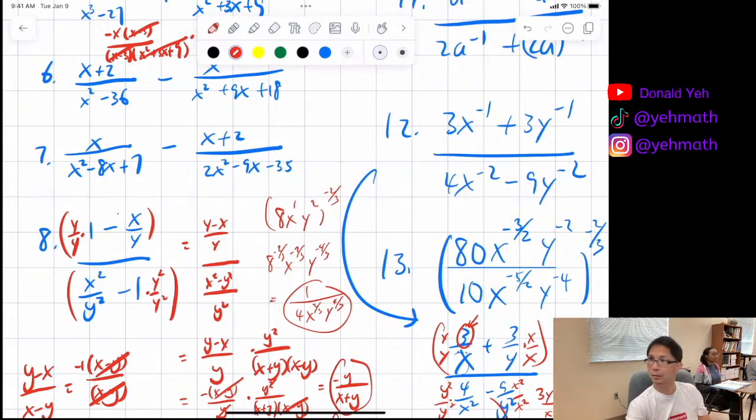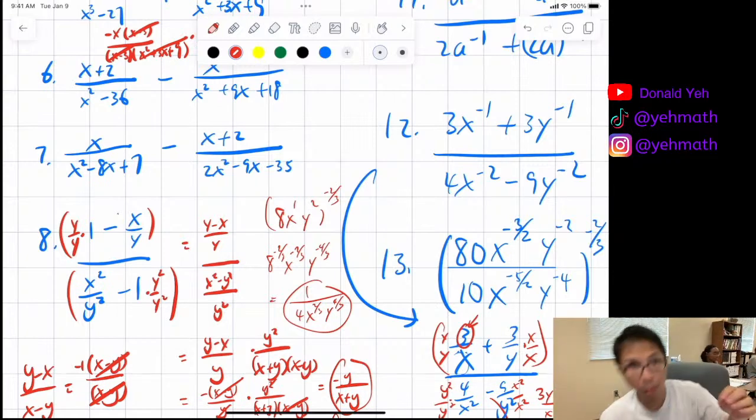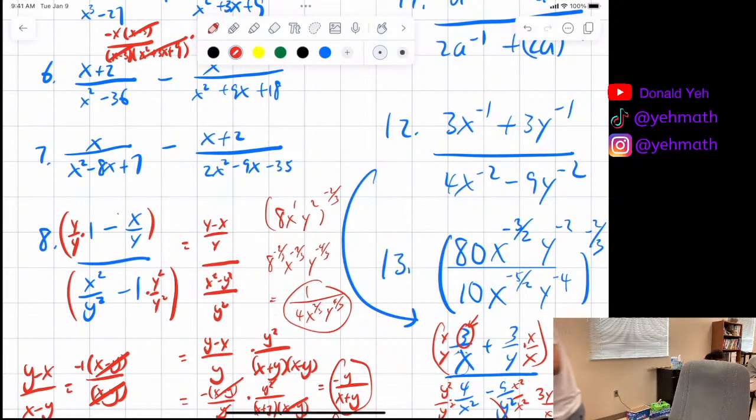Let's see. It's not printing. Not cool. Oh, okay.